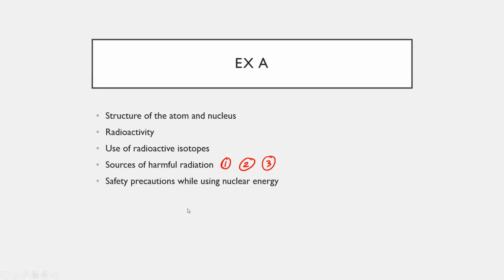Next, you have the safety precautions while using nuclear energy. Before that, these harmful radiations have some effects also. Those effects are categorized as short-term effects, which are recoverable, like hair loss, nausea, diarrhea. There are long-term irrecoverable effects like cancer, leukemia, and the third is genetic effect.